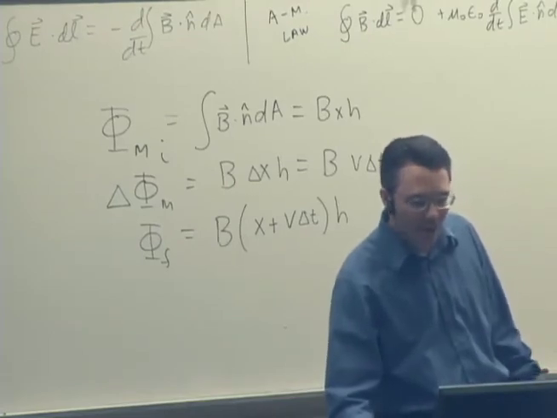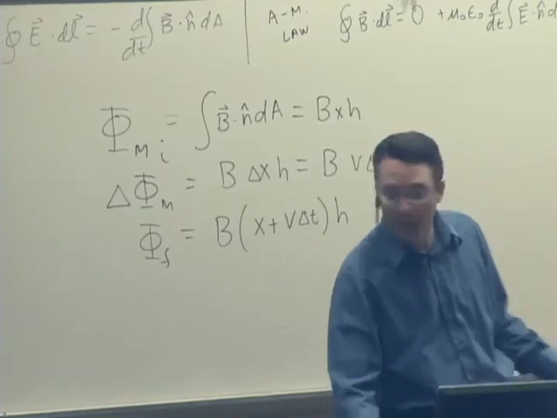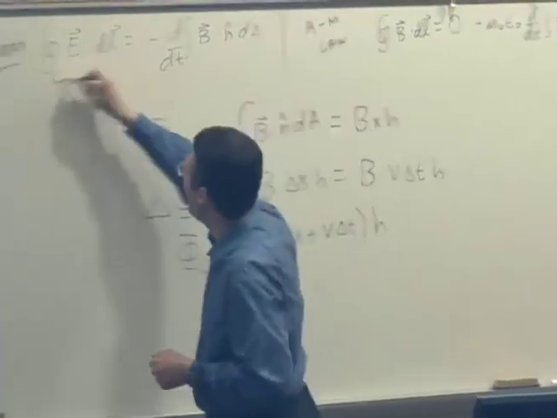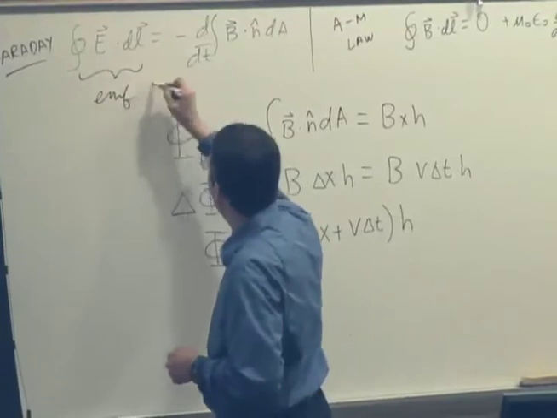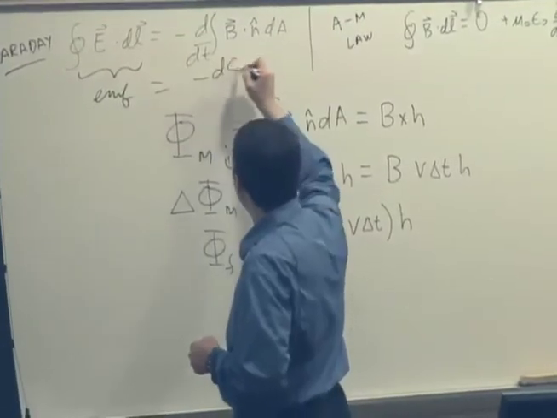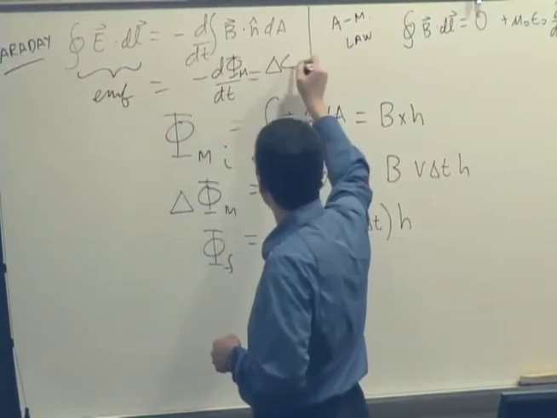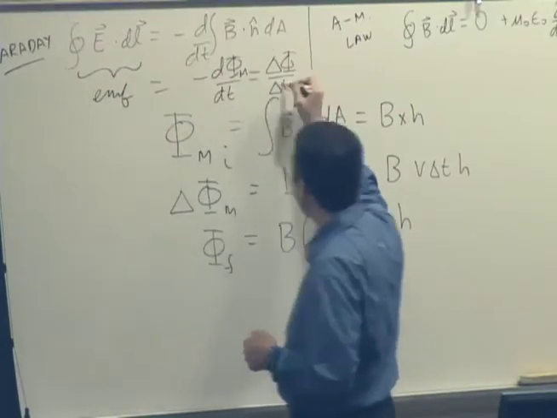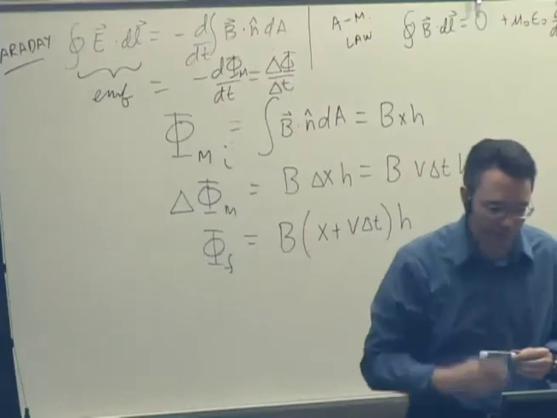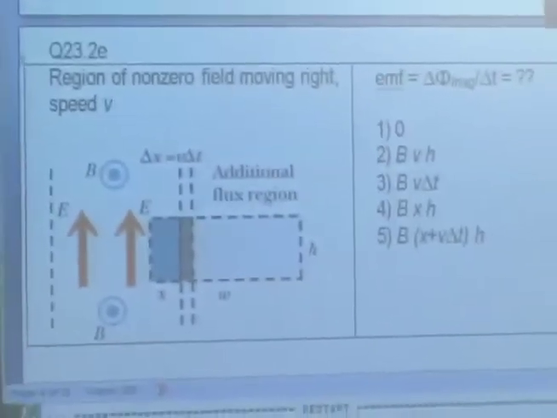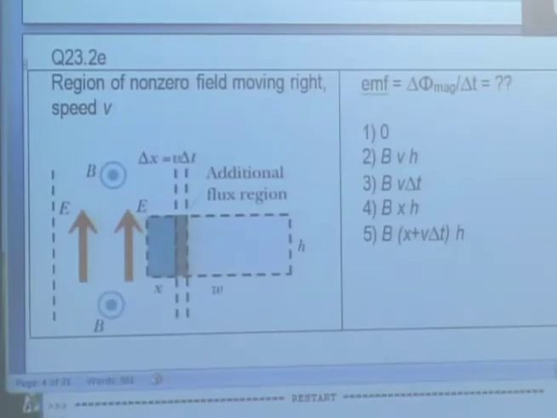So Faraday's law, one way we could write it is that this side is the EMF, right? And this side is negative d magnetic flux dt. So if we want to find delta flux over delta t, what's that going to be? We're just worried about the magnitude for right now.